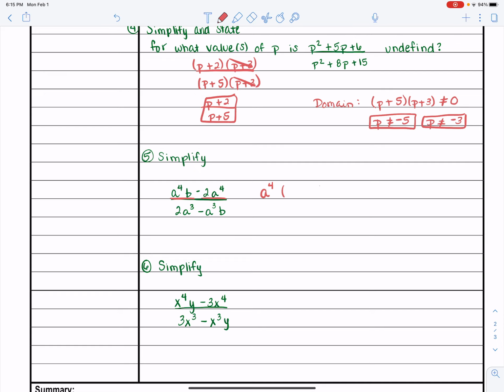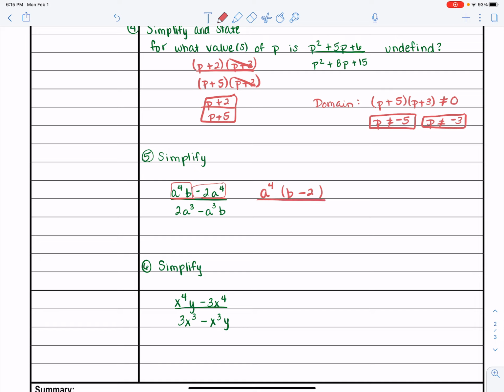So now I'm going to open parentheses to figure out what I have left over. If I took a to the fourth out of a to the fourth b, I'd be left with b. So we're dividing it out. If I divided a to the fourth out of the negative 2a to the fourth, I'd be left with a negative 2. So when I factor the top, I have a to the fourth power times b minus 2.